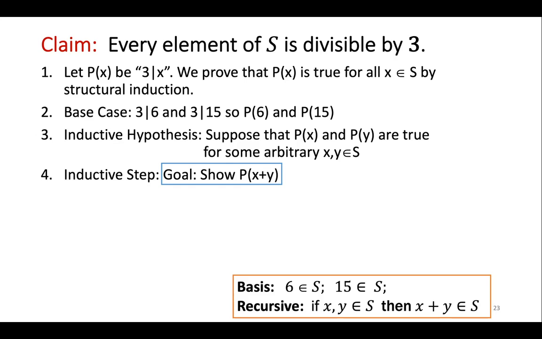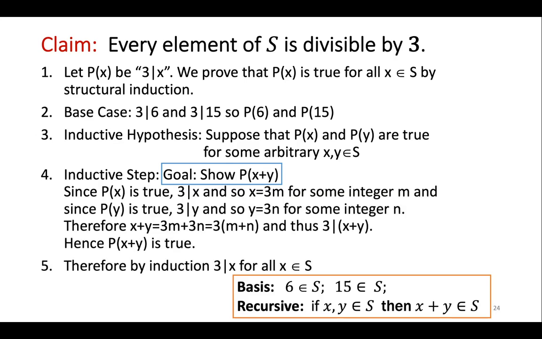Because P of x is true, 3 divides x, so x is equal to 3m for some integer m, and P of y is also true, so 3 divides y, and y is equal to 3n for some integer n.